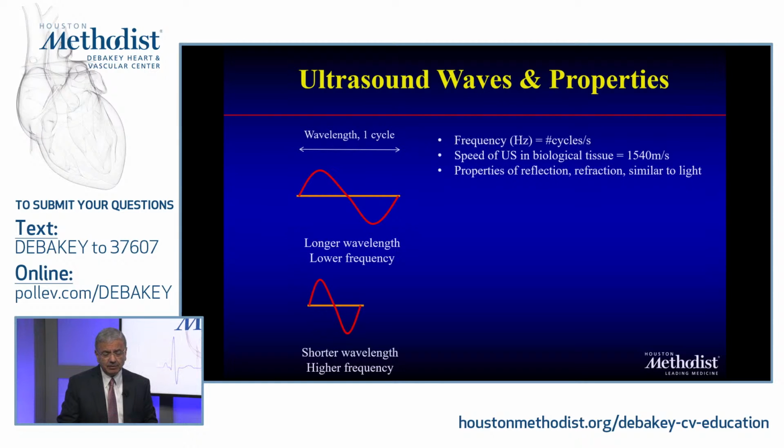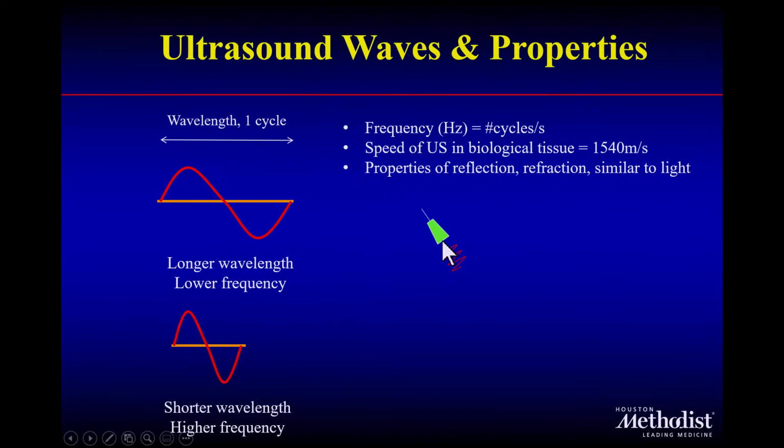Actually, they're in the megahertz. The speed of ultrasound in biological tissue is 1540 meters per second, and the properties of reflection, refraction are similar to light. So the longer the wavelength, the lower the frequency, the shorter the wavelength, and this is really basic, the higher the frequency.